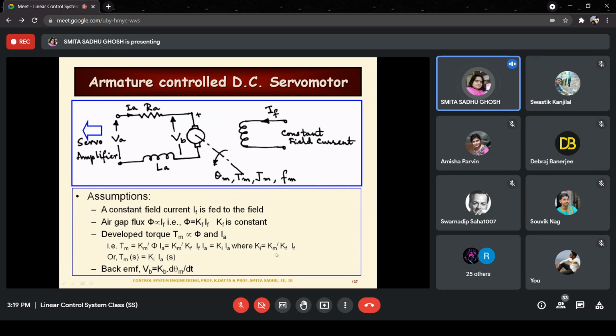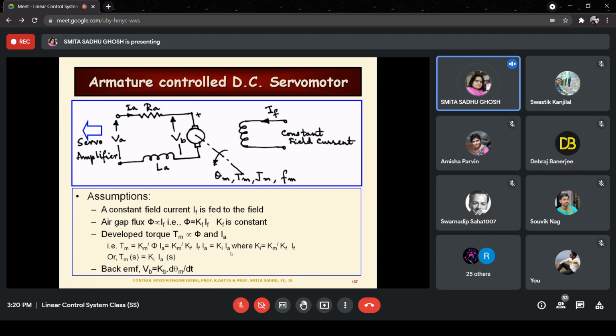So all three of these are denoted together as some other constant, Ki, so that we can write this as being equal to Ki into Ia, where Ki is given by Km prime Kf IF, and we know that IF is also a constant, and Kf and Km prime obviously are constants as well. So we have been able to simplify the expression as Tm is equal to Ki into Ia.